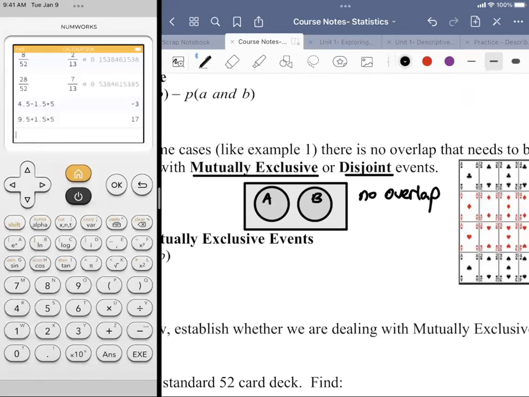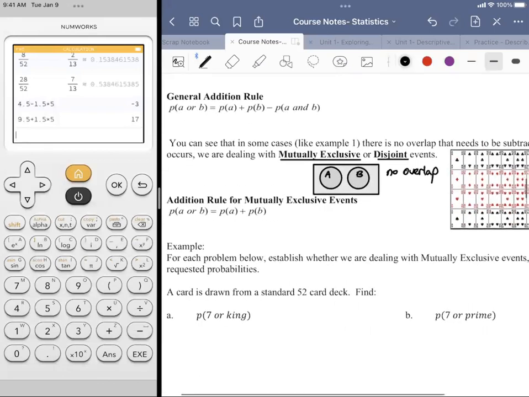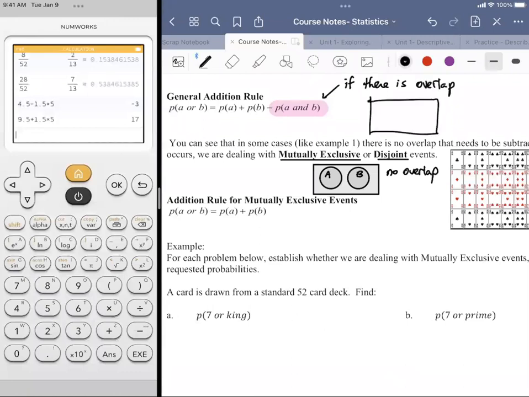So if it's not that, then we have to subtract off a probability value. This only happens if there is overlap. That would be the case where you have one set that intersects another set in some way.